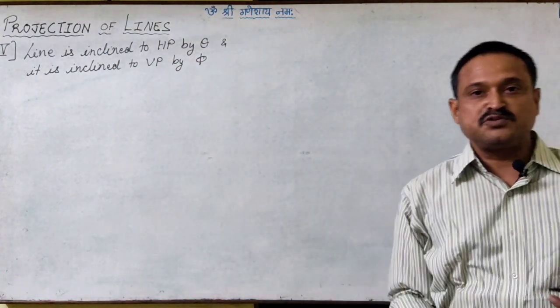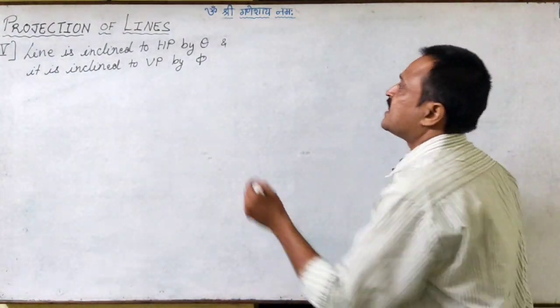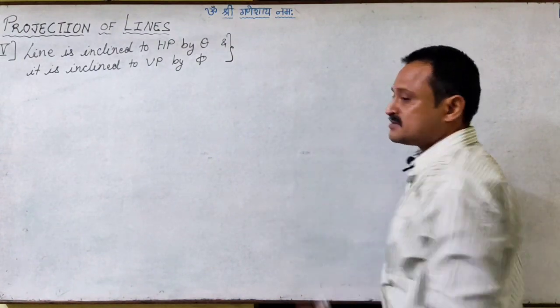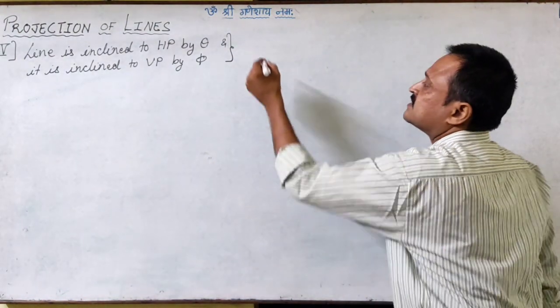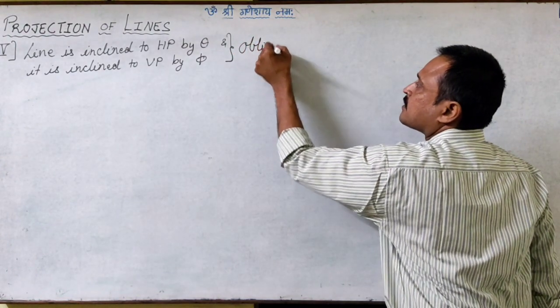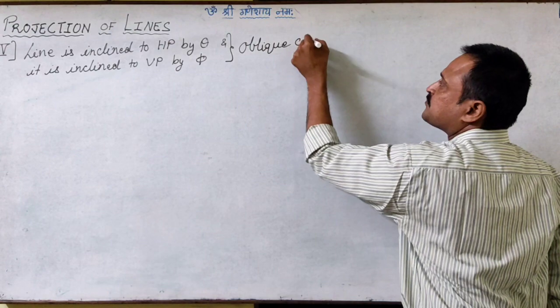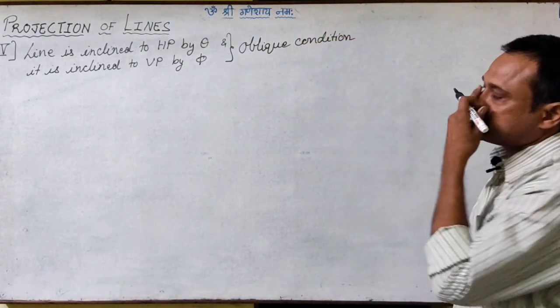So phi is the true inclination of the line with the vertical plane, and this condition, that means when the line is inclined to both the planes, is called the oblique condition of the line.